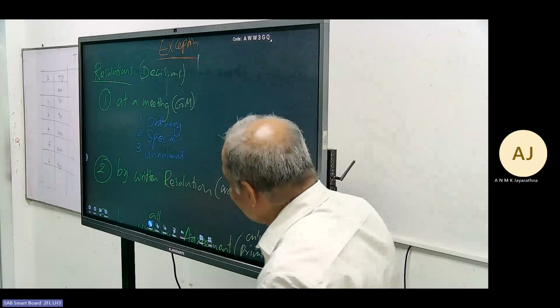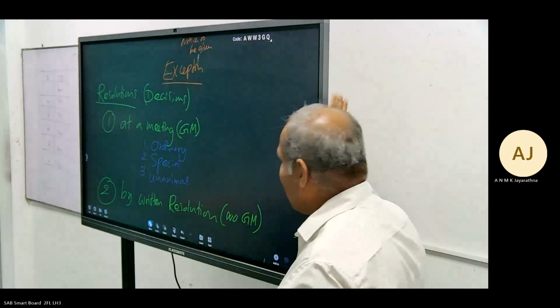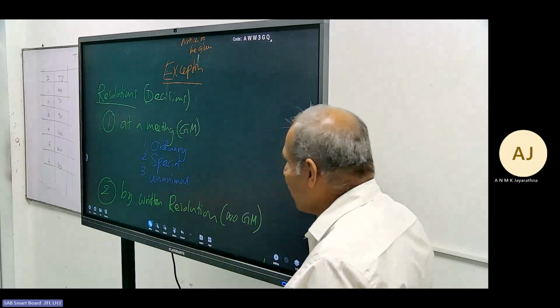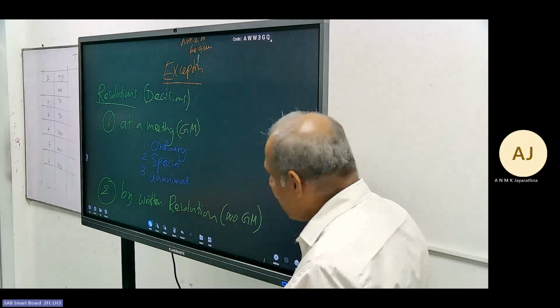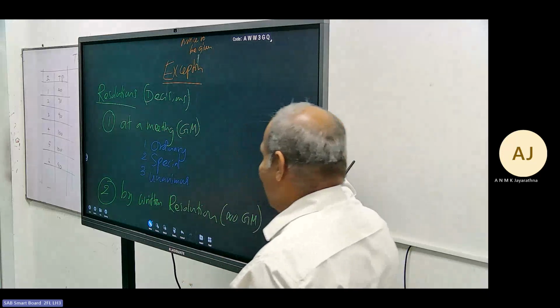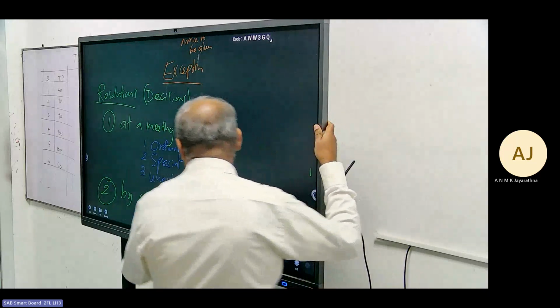Now we can consider that at a general meeting, the shareholders' meeting, there are 3 types of resolutions that can be passed: ordinary, special, and indemnity. The first one is the ordinary resolution.